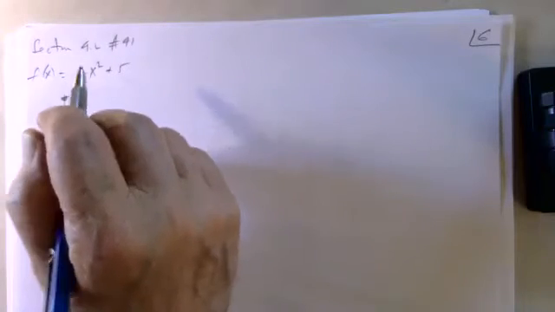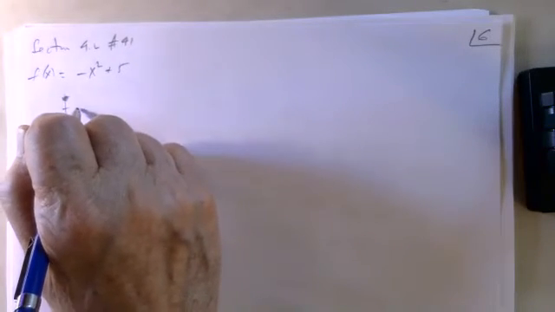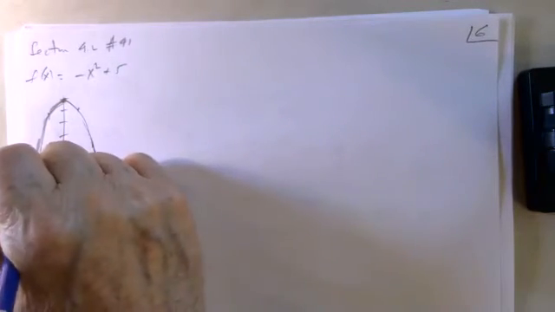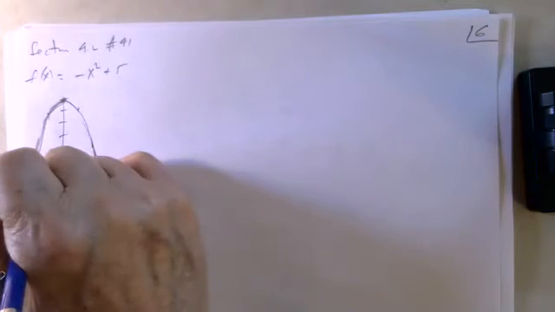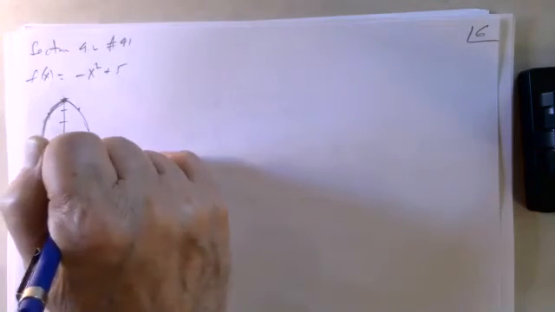When x is 0, the value is 5. When x is plus or minus 1, the value is 4. When x is plus or minus 2, the value is 1, and so on. So that's the parabola.